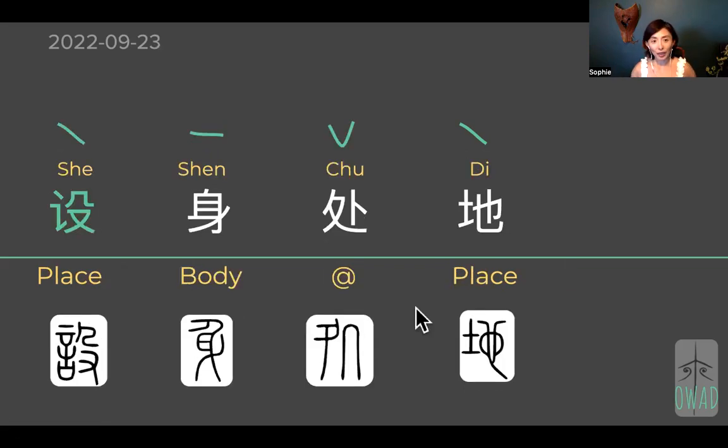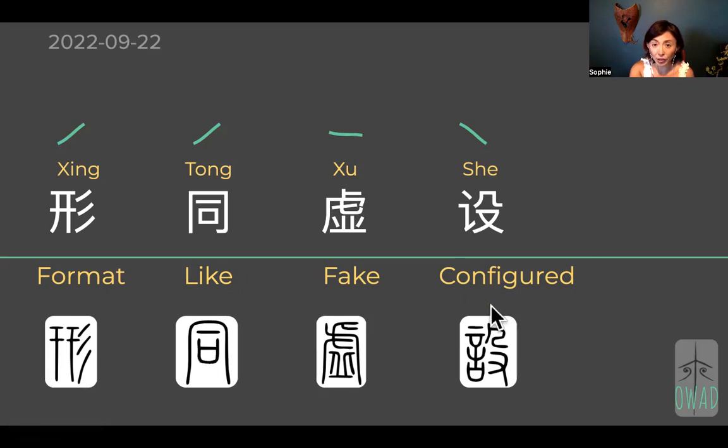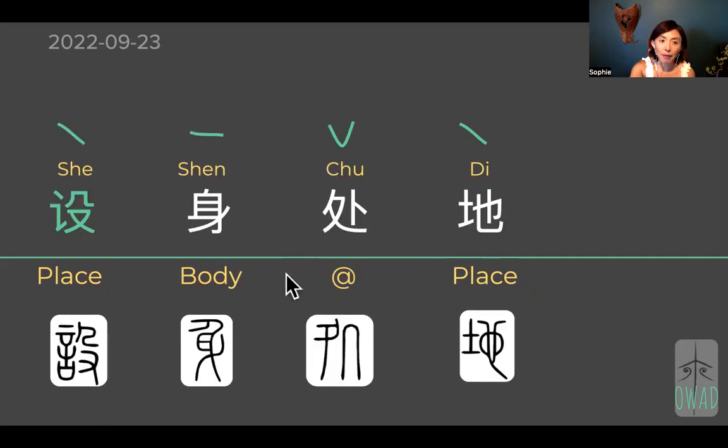Okay, so we have 设身处地. 设 is the same, except in this context it means configure, set up. But here, we use it in the sense of we plunk something, we place something.